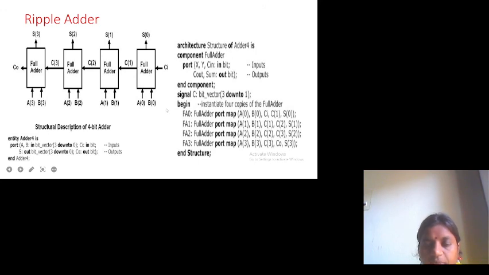Next, FA1: full adder, port map of A of 1, B of 1, C of 1, C of 2, S of 1. Similarly A of 2, B of 2, C of 2, C of 3, S of 2. Similarly A of 3, B of 3, C of 3, C0, S of 3. So end architecture, architecture name is structure.